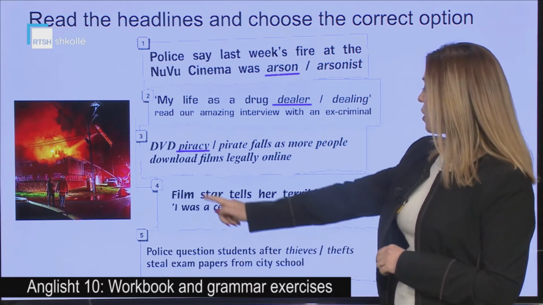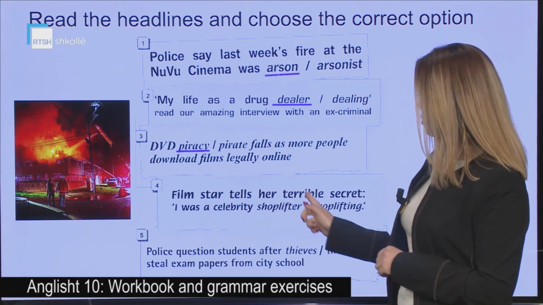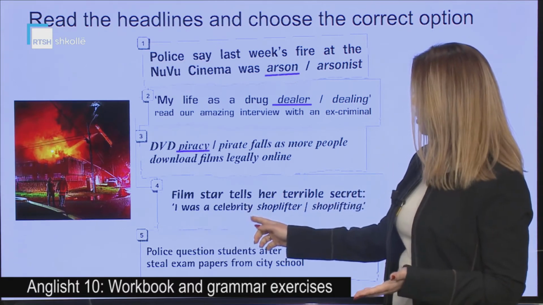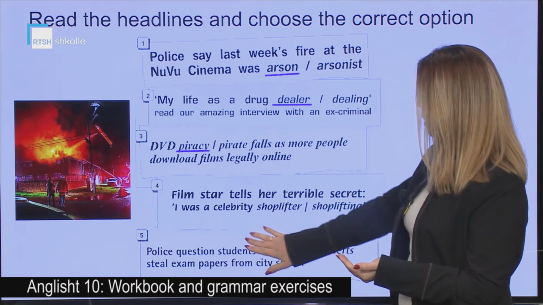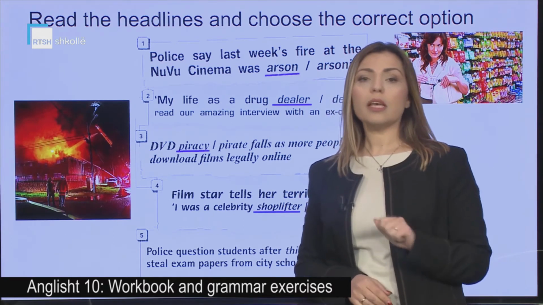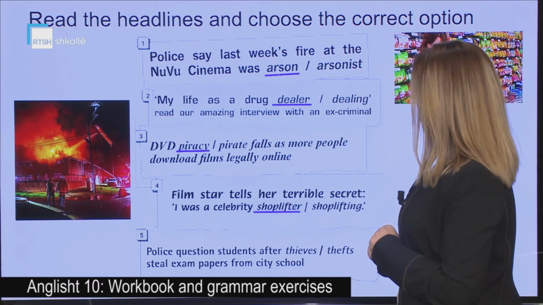Number 4, film star tells her terrible secret. I was a celebrity. Shoplifter or shoplifting? The person that goes and steals small things is called a shoplifter.